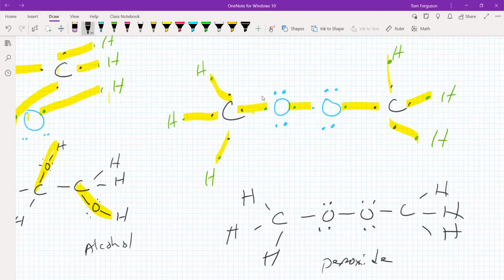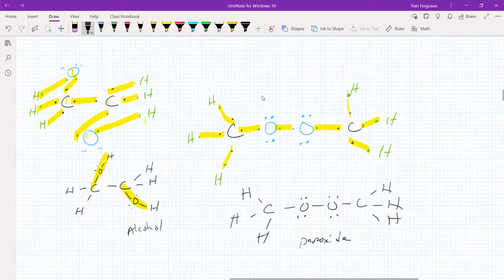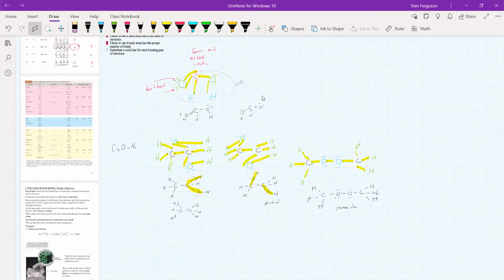Okay, so 3 legal structures, same formula. These are called isomers.